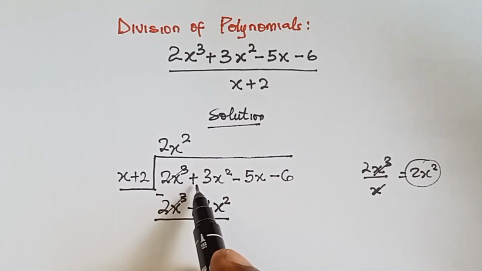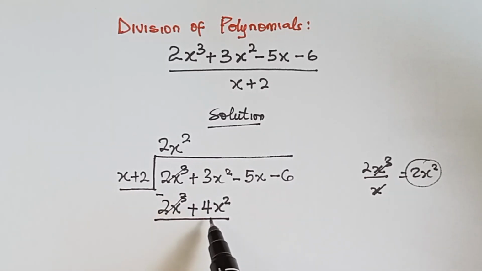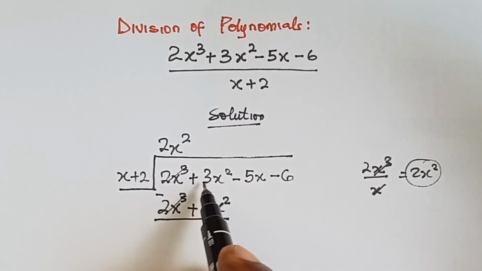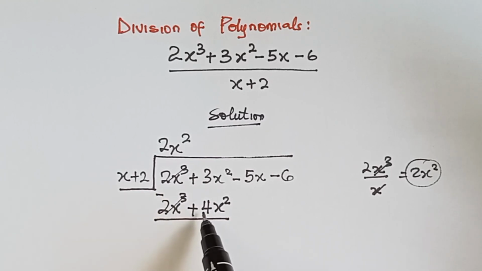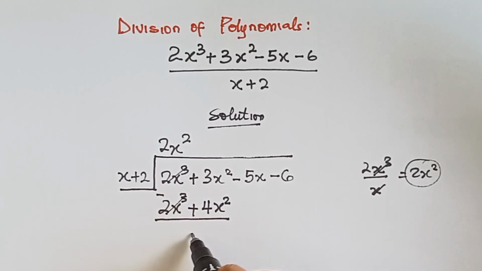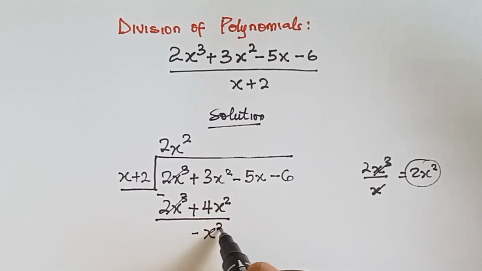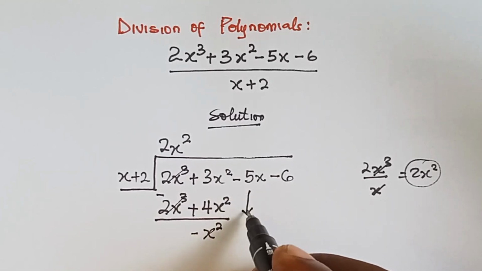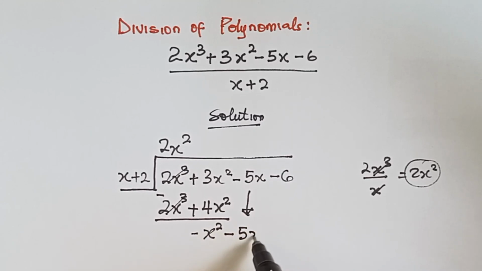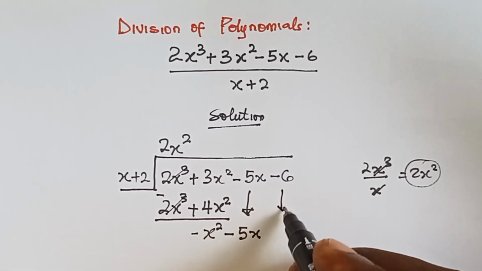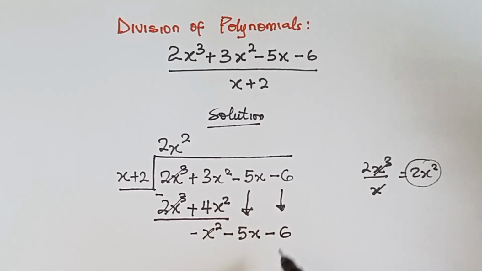Then we have 3 minus 4, which will give us minus 1, and that we have x squared, that will give us minus x squared. Then we're going to bring minus 5x down, and we also bring minus 6 down.